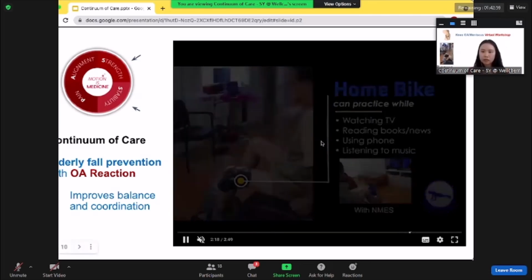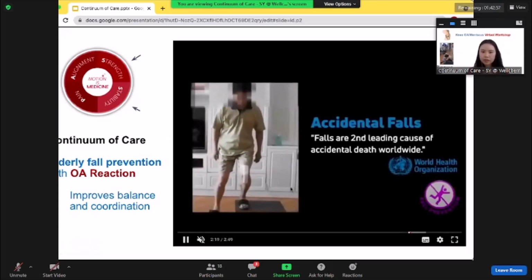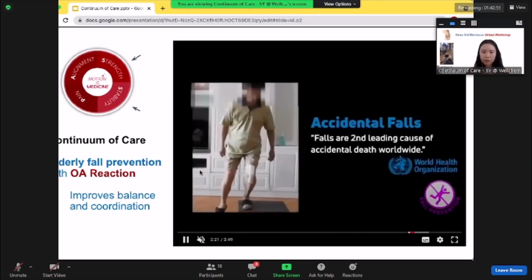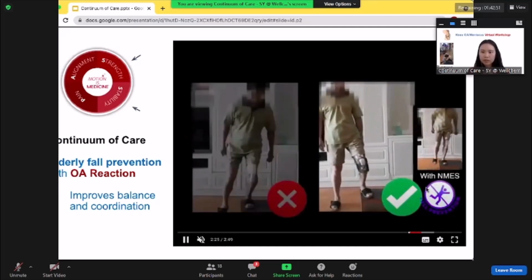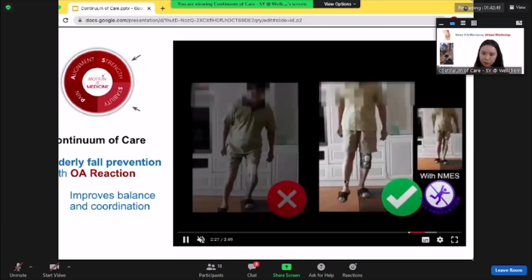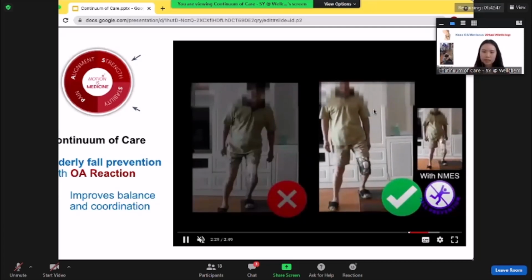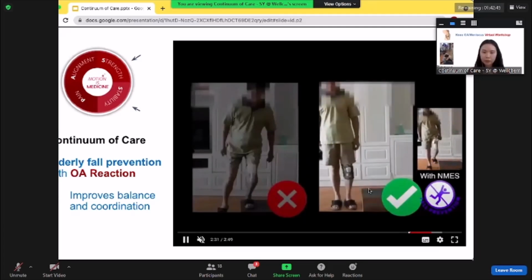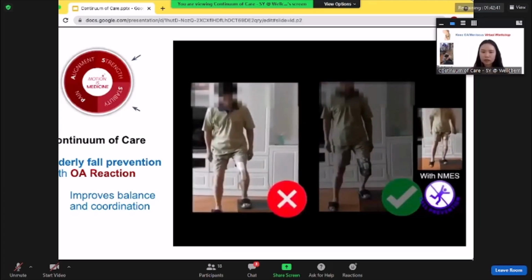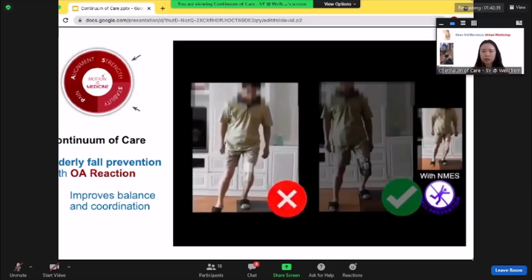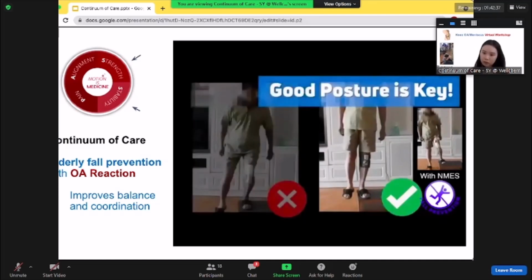If you look at this video, you can see that without the brace, he is very wobbly in the side step motion. But with a brace, there is improved knee control and balance, and you can see how confident he is doing the side step exercise. This is very important, especially if patients are at home alone.